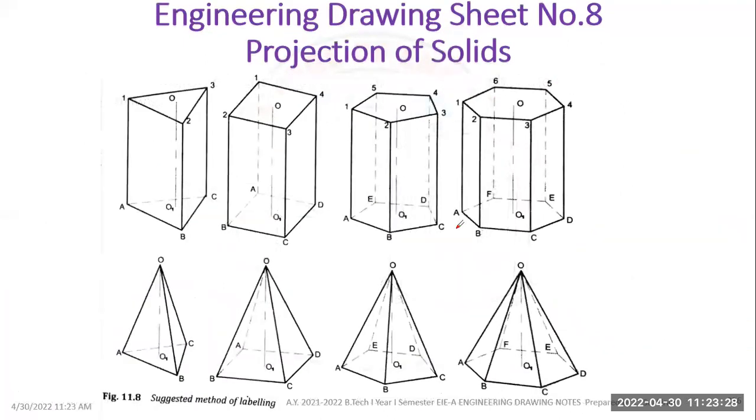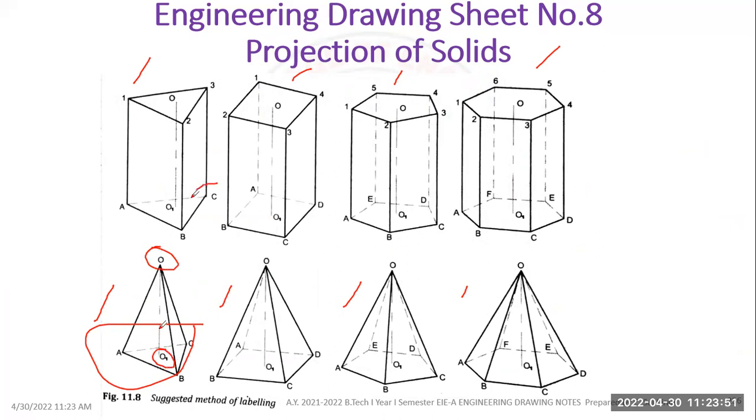Similarly, this is for all of the shapes: the prism, triangular prism, square prism, pentagonal prism, hexagonal prism, triangular pyramid, square pyramid, pentagonal pyramid, hexagonal pyramid. Bottom should be alphabets, top should be the apex here, and the bottom of the axis is O1.